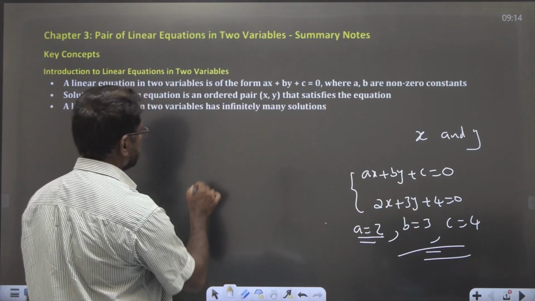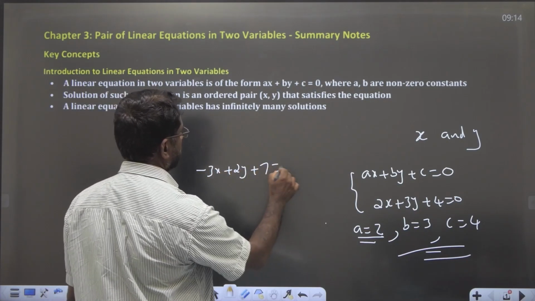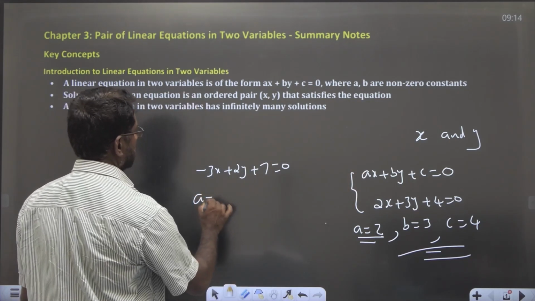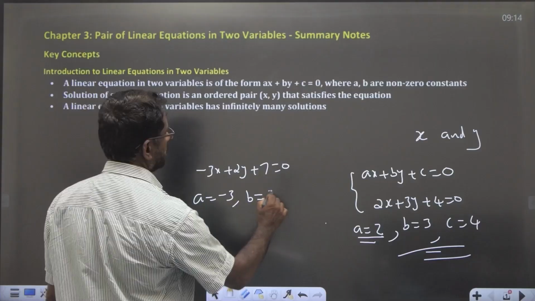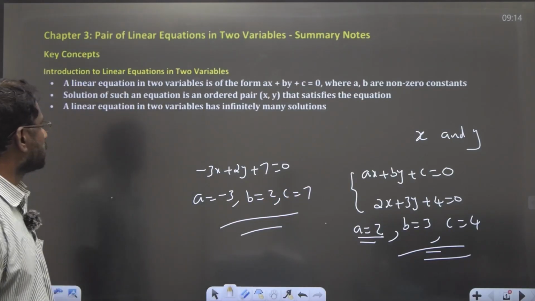Another example, minus 3x plus 2y plus 7 equal to 0. Compare with the standard equation, we will get a is equal to minus 3, b is equal to 2, constant c is equal to 7, like that.